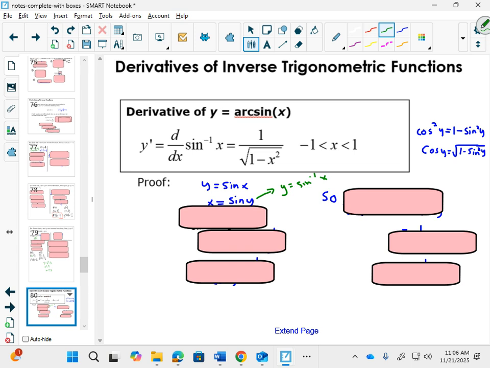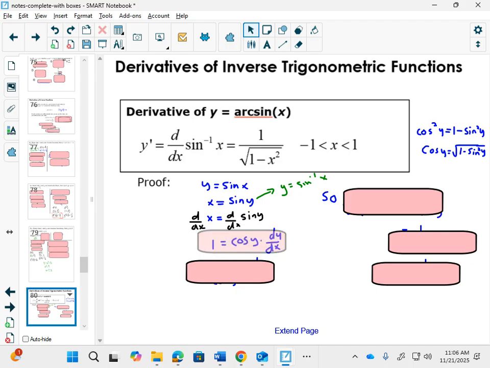But if we have x equals sine y, we could do implicit differentiation. Do d dx of this side and d dx of the right side. And d dx of x is just 1.